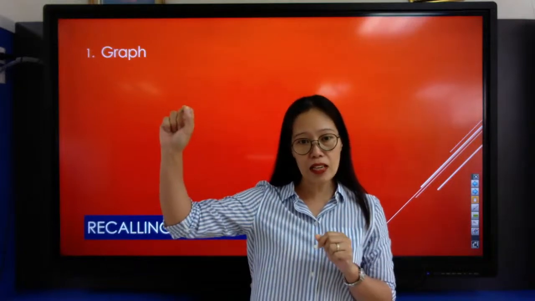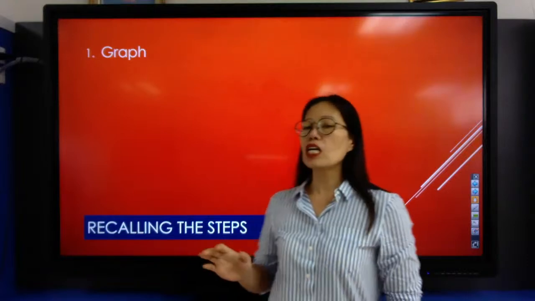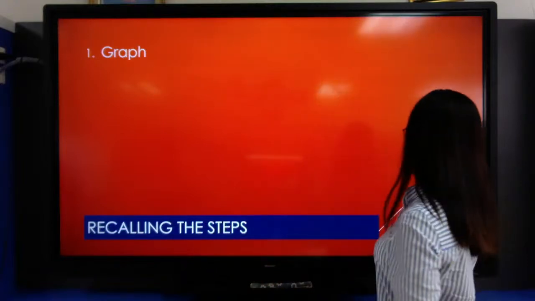Remember that if you graph the points, it will not be a perfect line, or a perfect parabola or exponential, because it's going to be a scatter diagram. So you need to find the line of best fit. So the first step is you're going to graph.